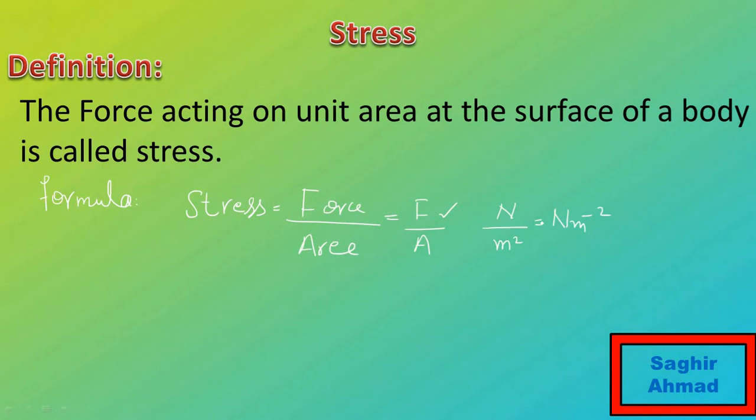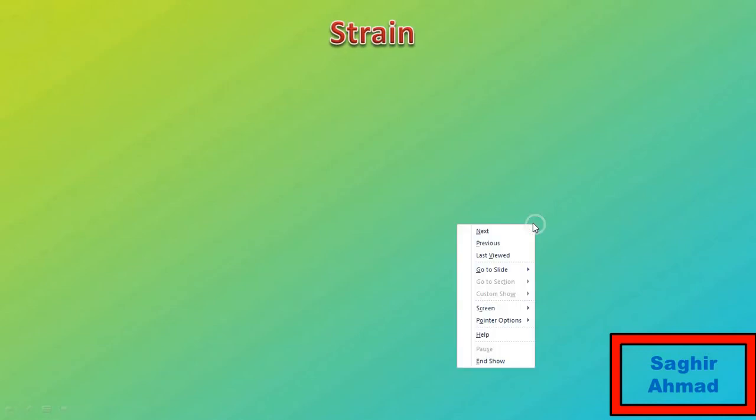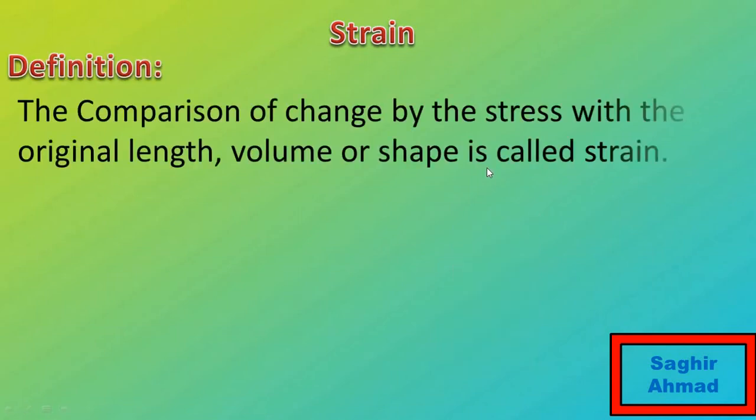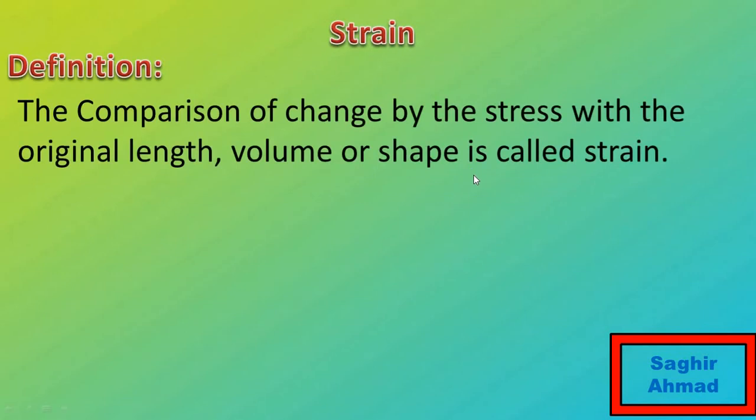And the second important thing in elasticity is strain. The definition of strain is the comparison of change by stress with the original length, volume or shape is called strain. Strain means when we apply a force on any object, its shape will be changed.